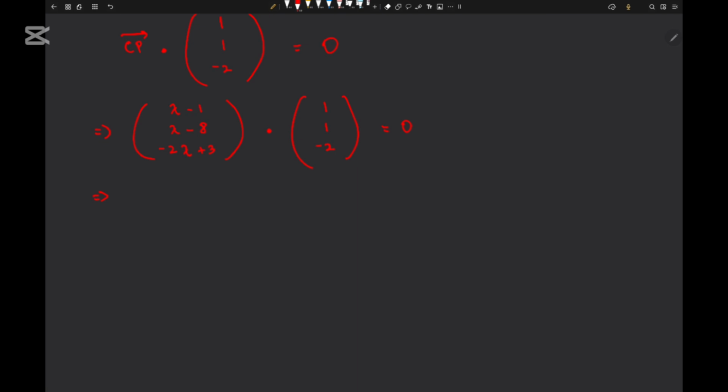Now we just need to multiply the corresponding values. So it's lambda minus 1, lambda minus 8 and minus 2 lambda plus 3. This is equal to 0. So from this equation we can find out the value of lambda. So the value of lambda is 5 over 2.